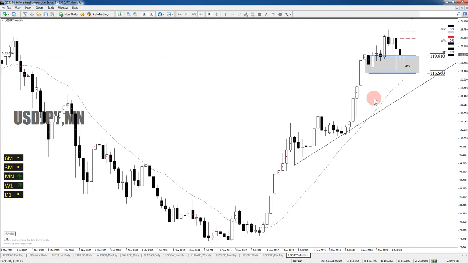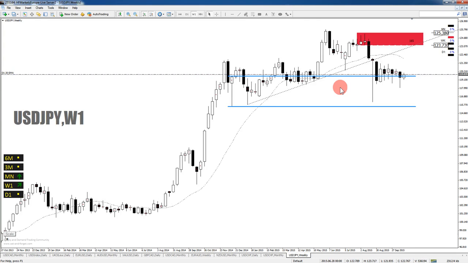On the weekly, we are trying to locate which areas are in control. A new area of supply is created when an ascending trend line is broken, like this one, with a full open, high, low, and close candle, a full candle without touching the trend line. That means that we have a new area of supply, but that doesn't mean that this area is tradable.